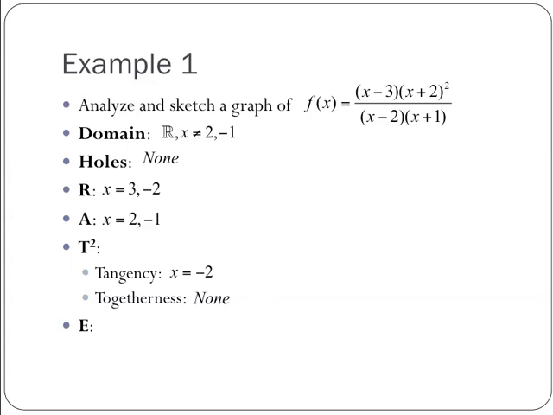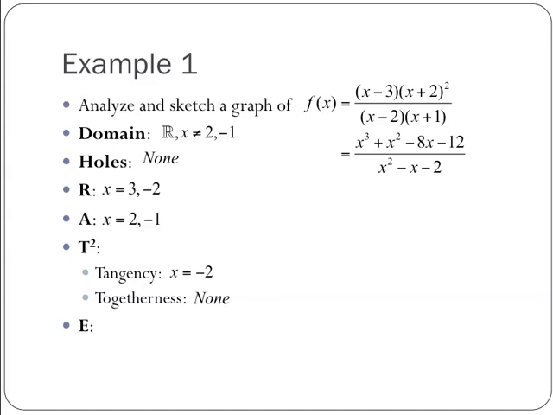Whatever we get for our quotient from dividing is going to be the slant asymptote. So if we're trying to divide this, we might want to actually have this all multiplied out. Multiplying out the numerator and multiplying out the denominator, this is what we have. And we're going to have to divide.